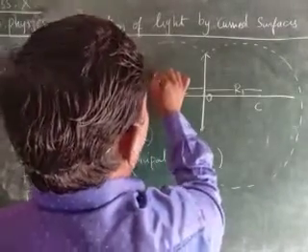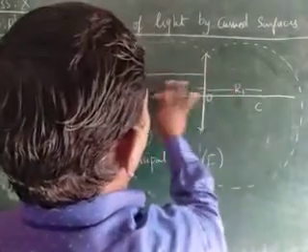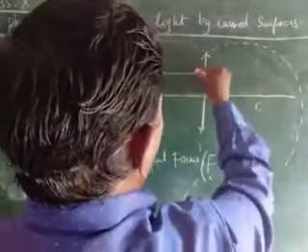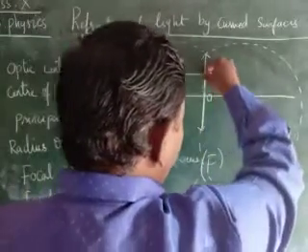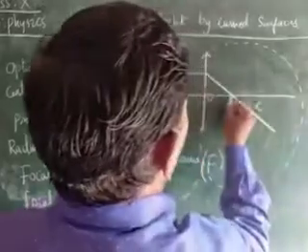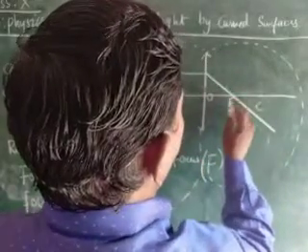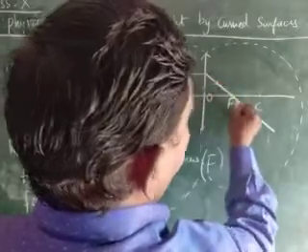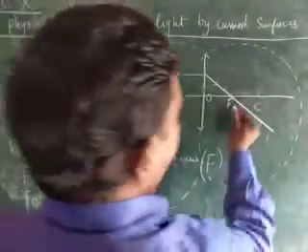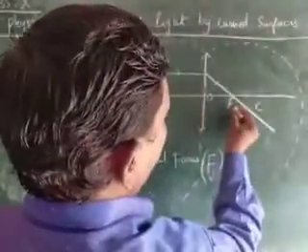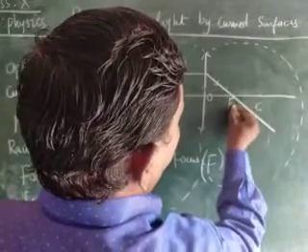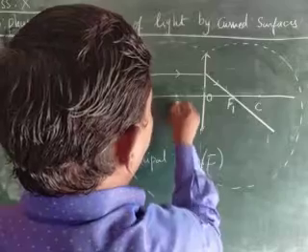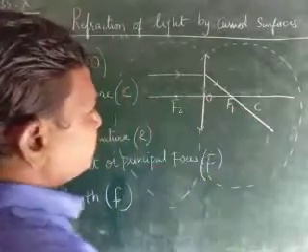When a light ray travels parallel to the principal axis, after refraction it necessarily passes through a point. That point is called the focal point. Normally we draw two focal points for a lens, F1 and F2.